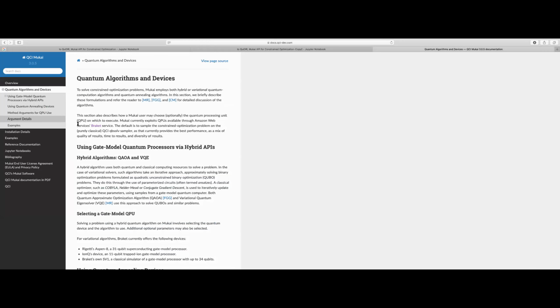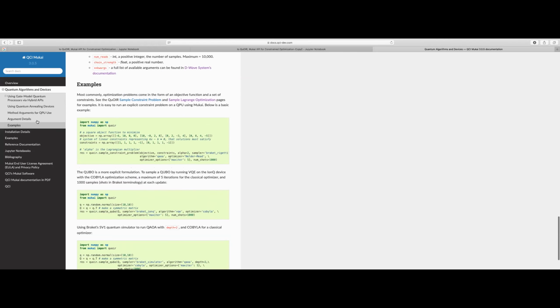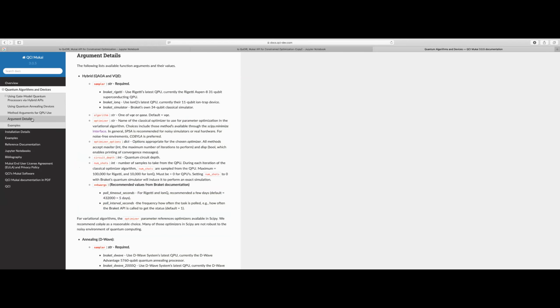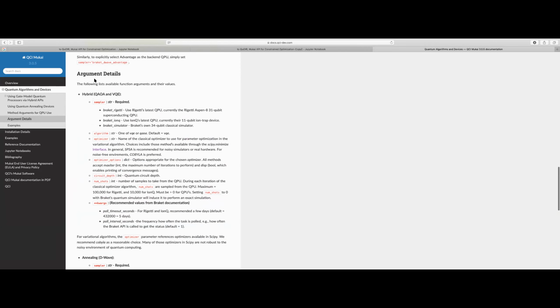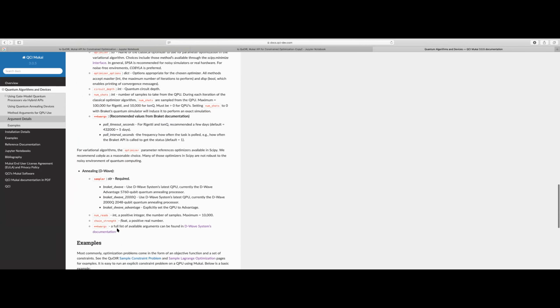In particular, you can find examples, more examples, but you can also find more information about the type of arguments and parameters you can tweak and tune. For instance, here these are the parameters I just introduced: algorithm, optimizer, and so on. This is for hybrid algorithms, but we also have the same thing for DOF and quantum annealing. For instance, the number of reads and the chain strength and so on.